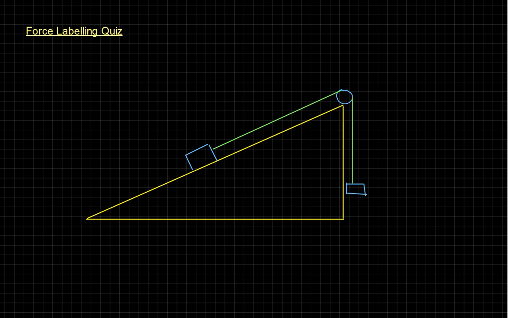Okay, so this is the classic example of connected particles on an inclined plane, and we'll see two examples, but before we see those, what I'd like to do is think about all the forces involved in this case. I'll say the inclined plane is smooth, but what I want you to do is now draw this diagram and think, what are all the forces involved?